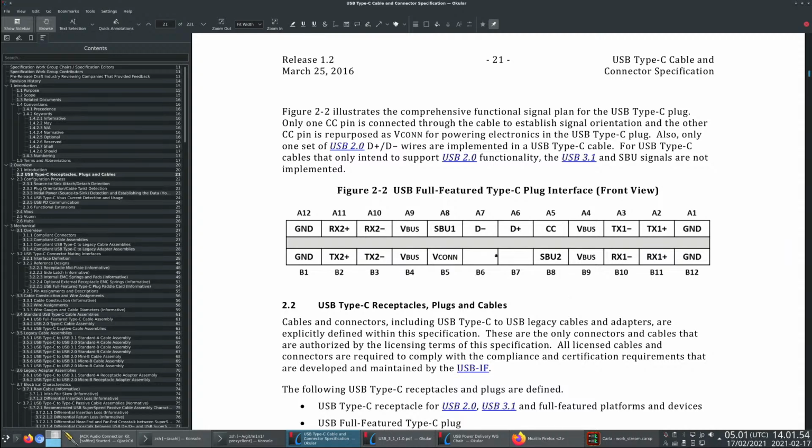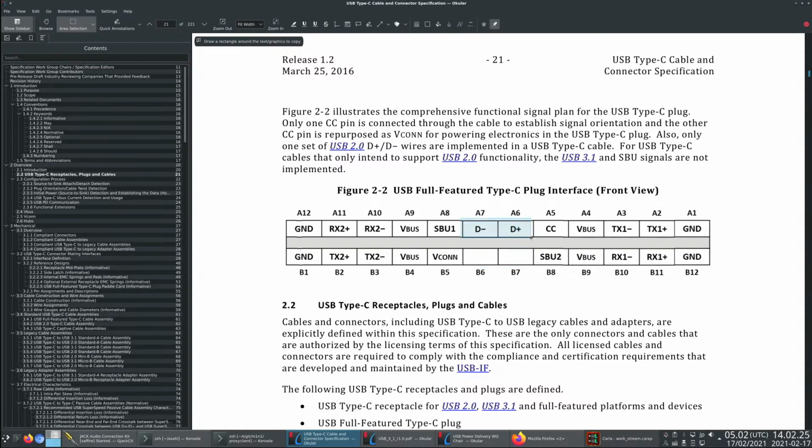The ones that we're most concerned with are basically these are the signals you get on a USB Type-C. You get two sets of high-speed signals, transmit and receive. You've got some grounds and variable power supply, and then you've got two sets, and many people don't know this, of USB 2.0 signals.